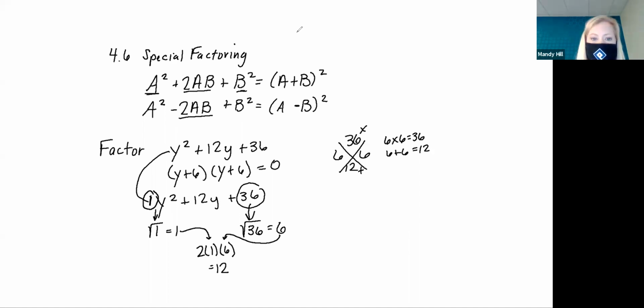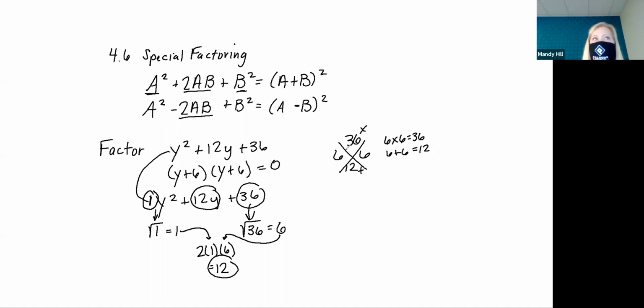I have a positive 12y and I've got a 12 here. If I can do a quick check on that, then I can cheat real quick and use this formula to factor it.